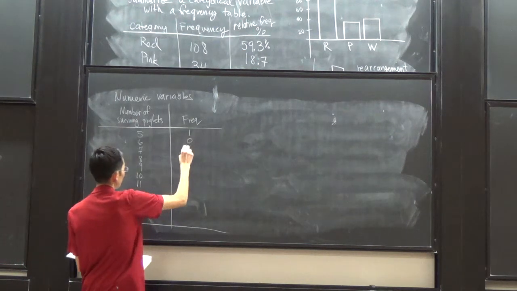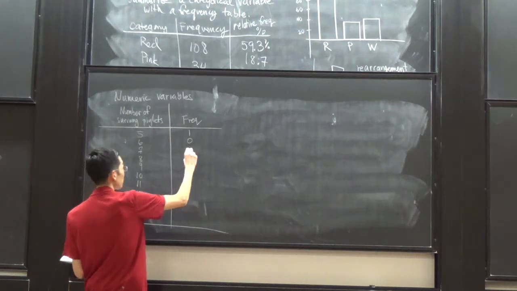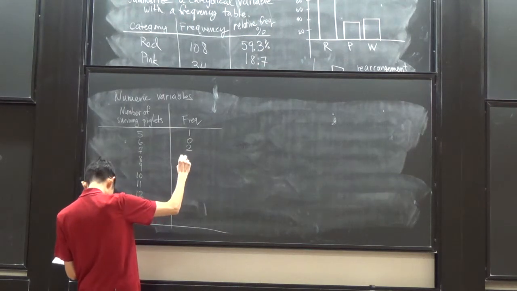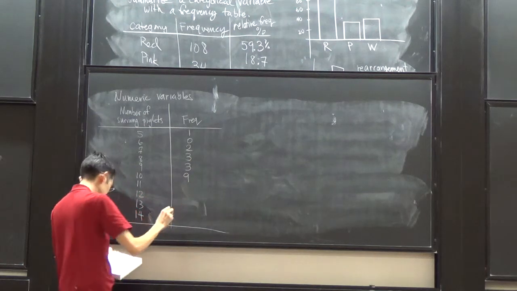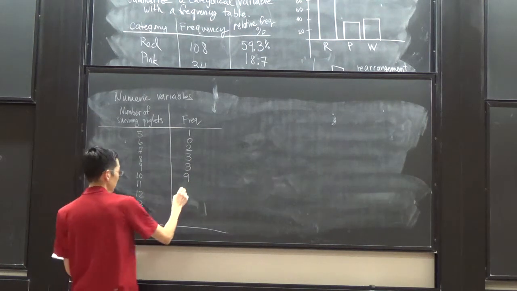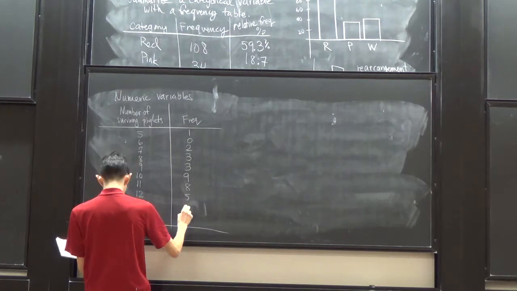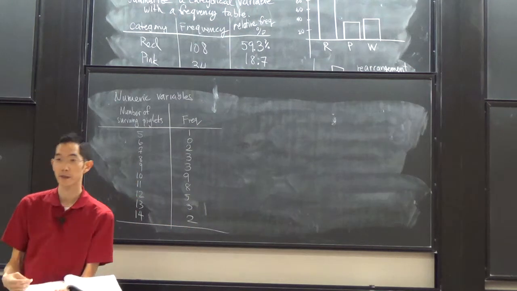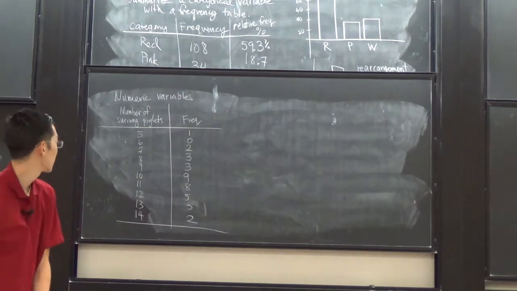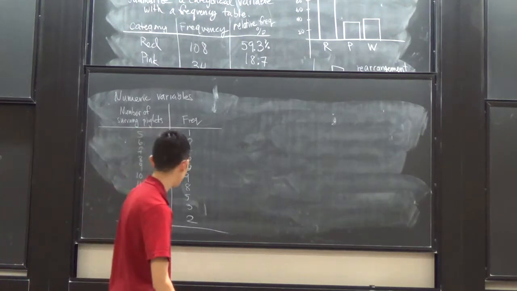There were no sows with 6. 2 with 7. 3, 9 with 10. 8, 5, 3, and 2. For a total of 36.